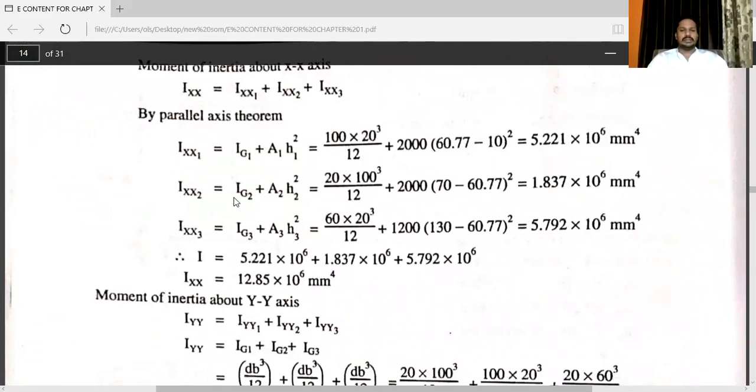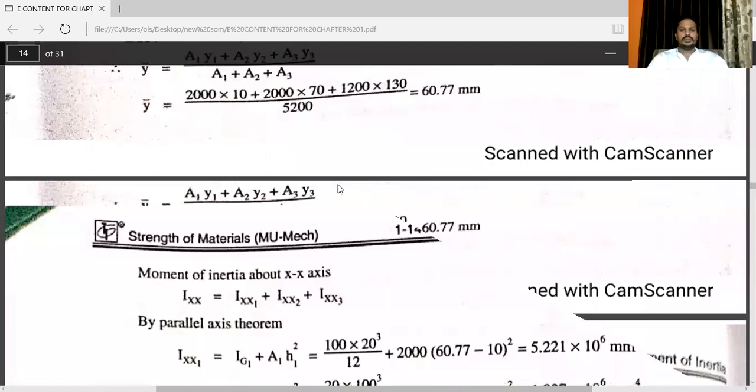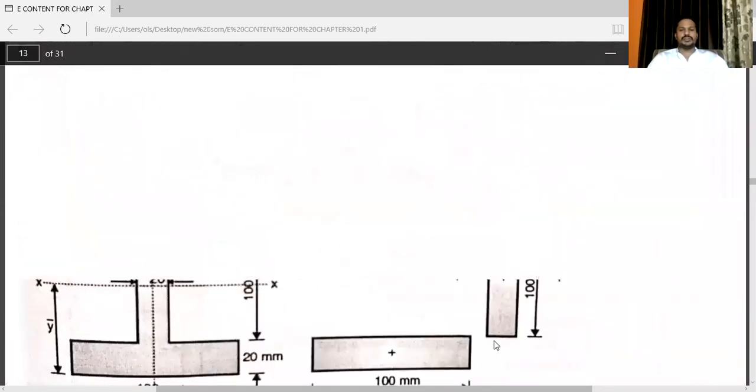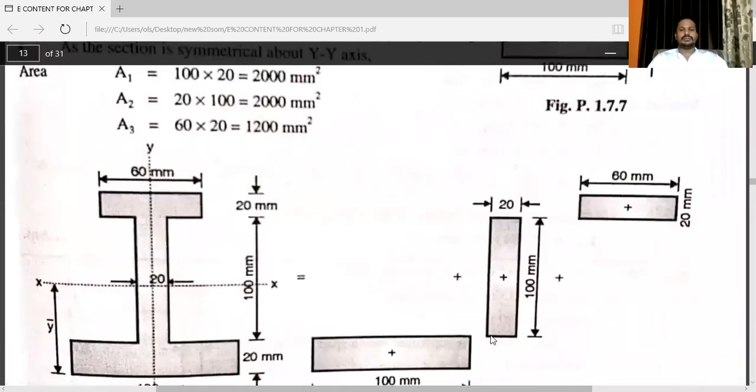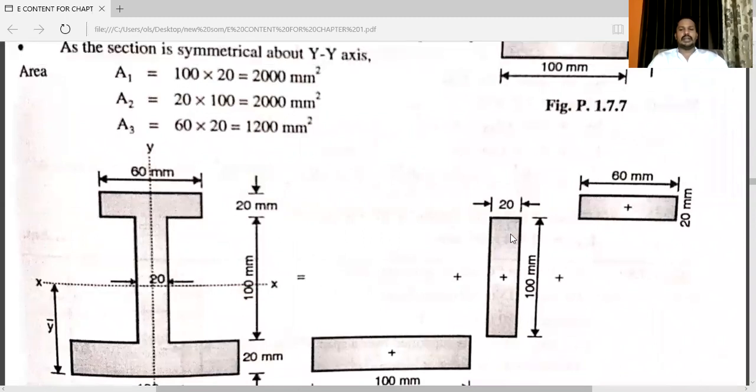For the second, the base is 20 and the depth is 100. For the third, the base is 60 and the depth is 20.